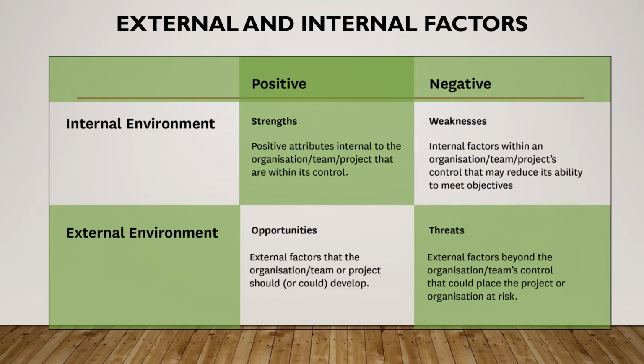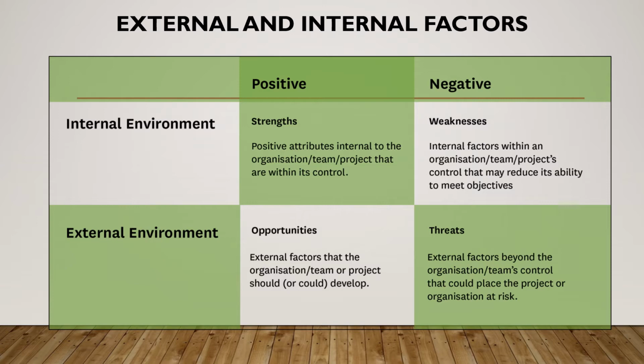Based on that, we can use the SWOT analysis. SWOT means S stands for strength, W stands for weakness, O stands for opportunity, and T stands for threat. So basically, strength is the positive attribute of the internal factors. Weakness means the negative attribute of the internal factors.